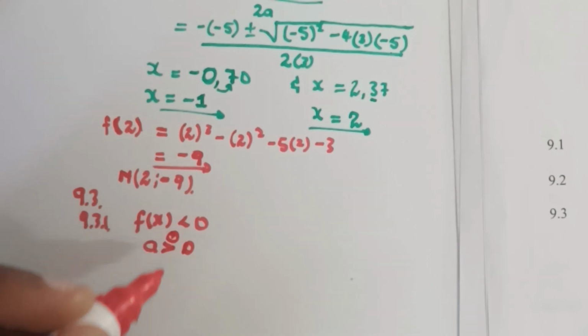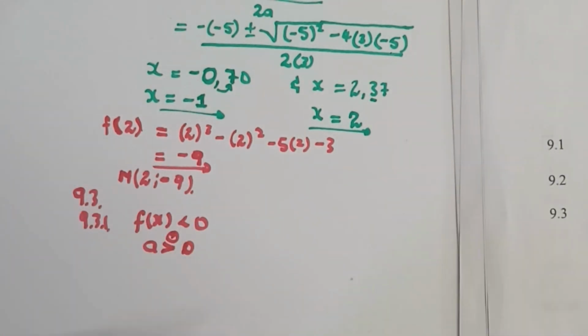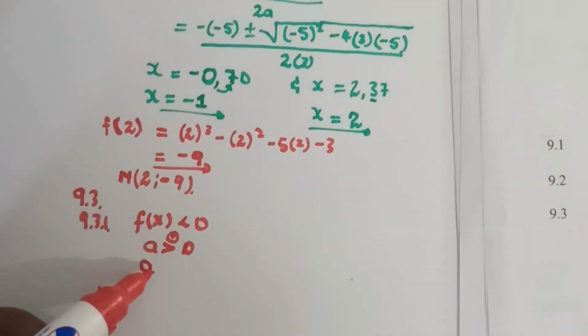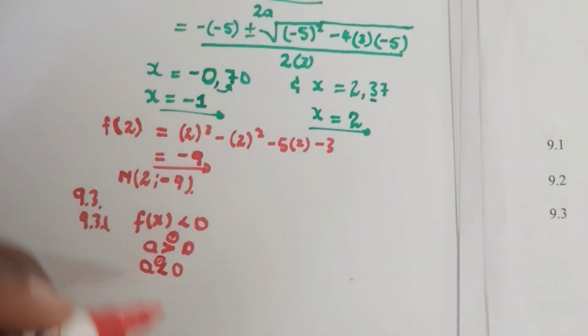We should focus on the numbers that are greater than 0. It means that those numbers should be positive. So if a here is greater than 0, look at the numbers that are above 0. And when our a is less than 0, we should look at the numbers that are less than 0. It means that those numbers should be negative.